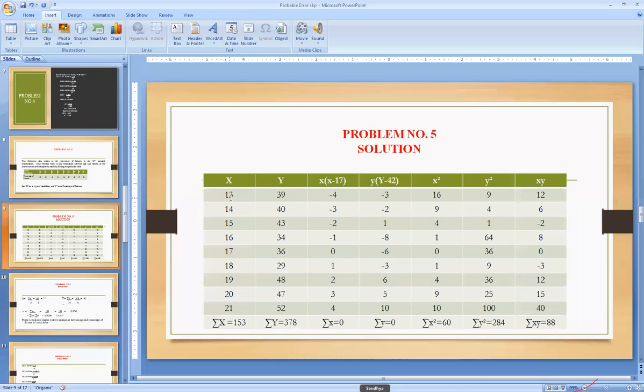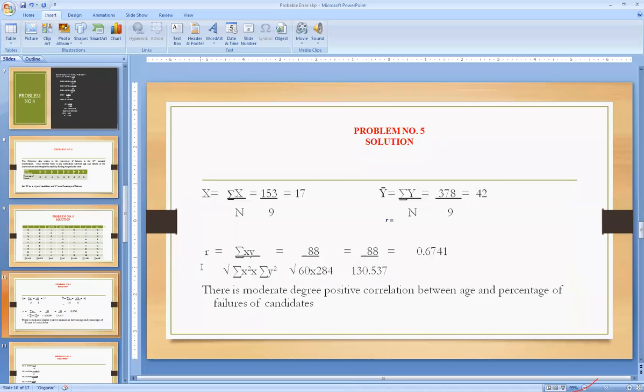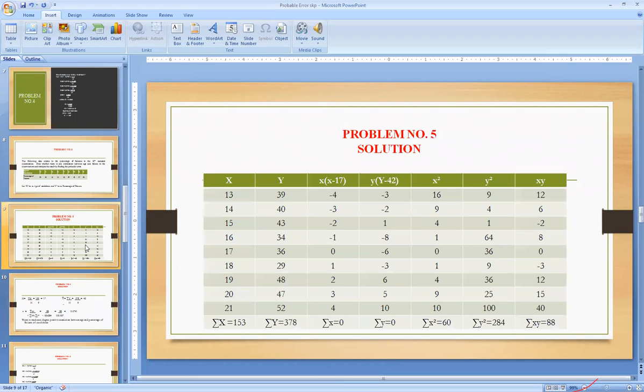The formula for the actual mean method is sigma xy divided by root of sigma x square into sigma y square. First we calculate sigma xy, which is deviation of x into deviation of y, divided by root of sigma x square into sigma y square. For this formula, all the values needed for substitution have to be calculated along with the table.